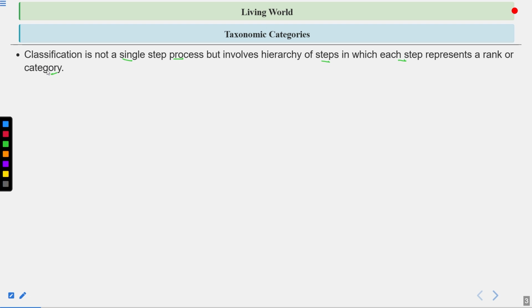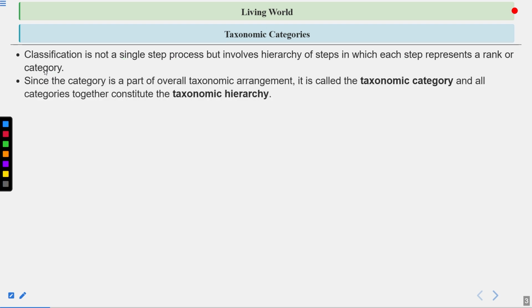So it represents a level, a rank. Now, since the category is part of overall taxonomic arrangement, this category, this level, which denotes a rank, is a part of overall taxonomic arrangement. It is called taxonomic category, and all the categories together constitute the taxonomic hierarchy.